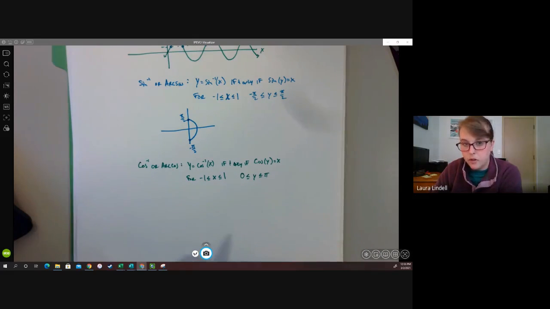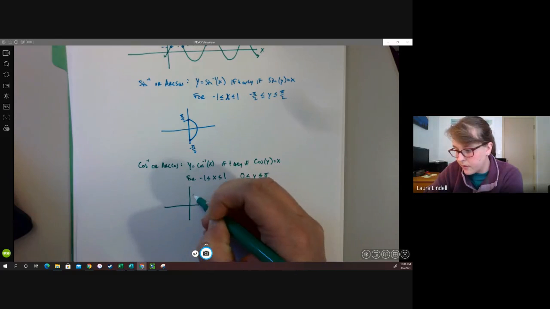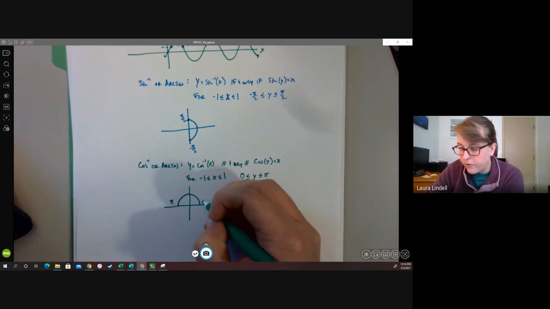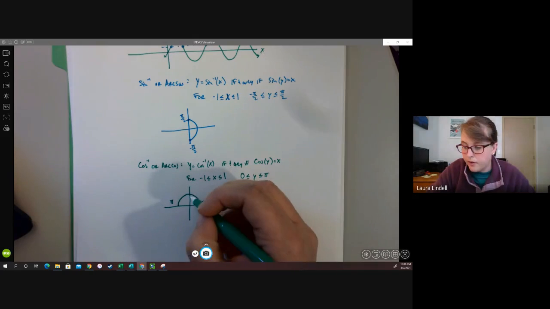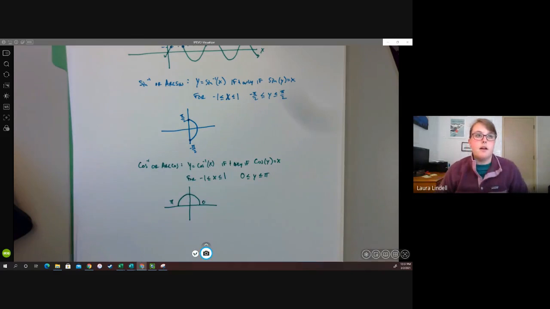So what that's going to look like in terms of the unit circle is the top half of the unit circle, because that gets us all of our unique x values. It has all the positive x values over here, all the negative x values over here, which gets us all of our unique values of cosine.